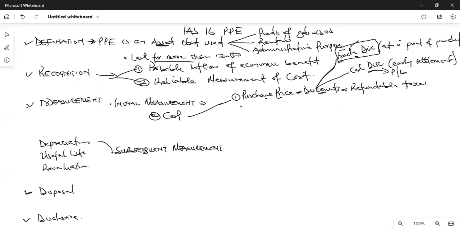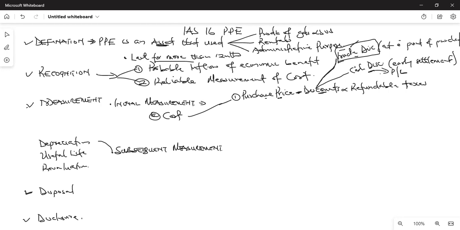So that is how it started for you. Please always take the trade discount. Cash discount does not form part. You don't reduce the cost of the asset by the cash discount. Please take note of that because we will meet it shortly.